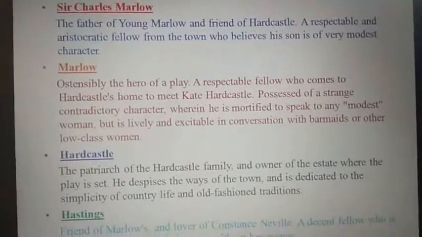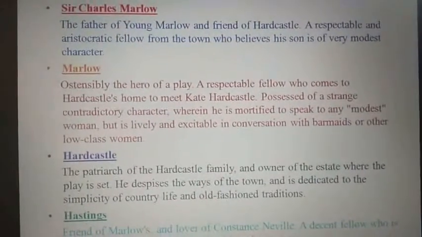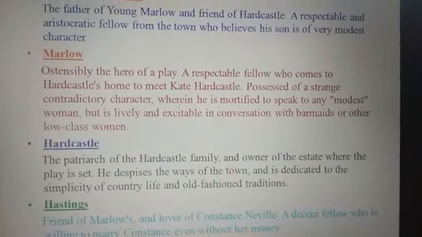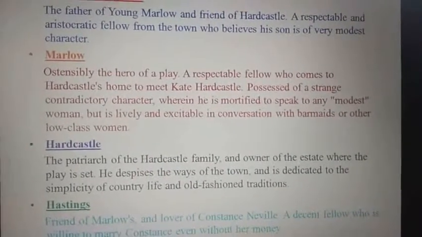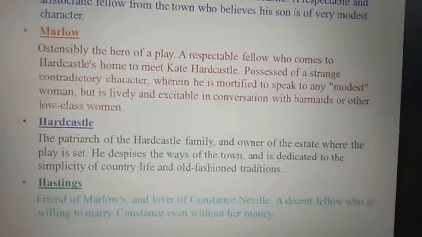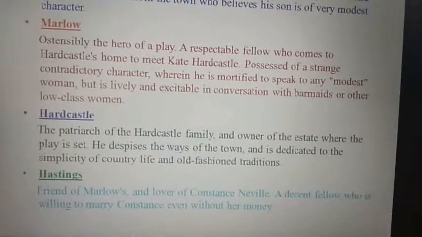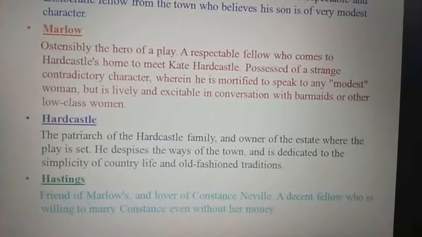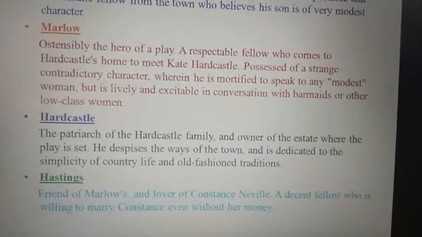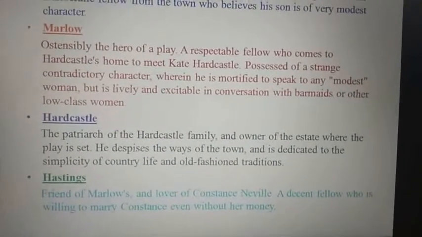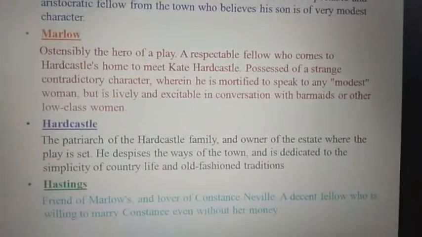He doesn't like modern culture. And Mr. Hardcastle is a prominent character in this play. Mr. Hastings is the friend of Young Marlowe. He fell in love with Constance Neville, who is the niece of Mr. Hardcastle.